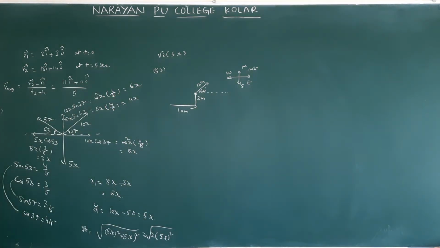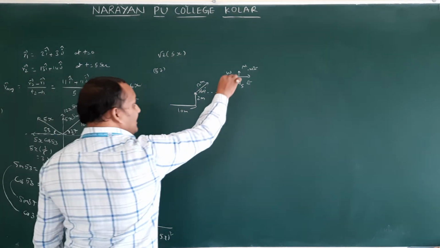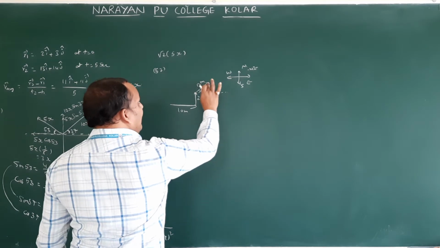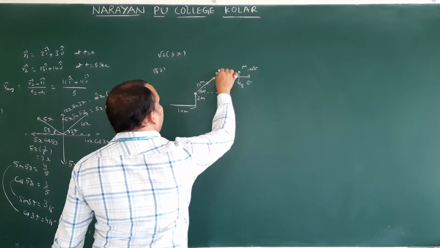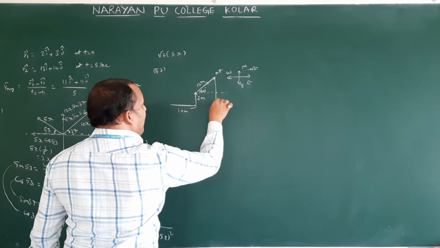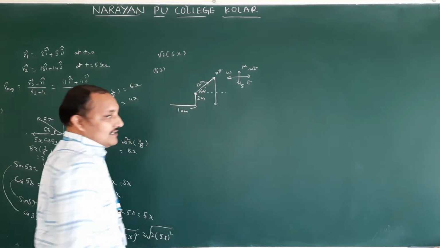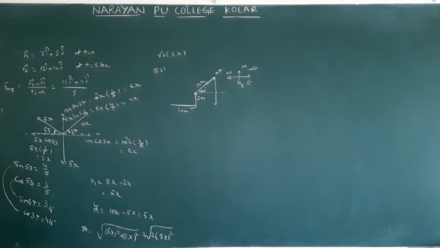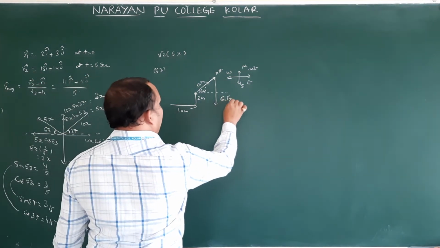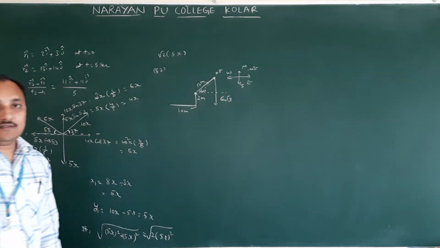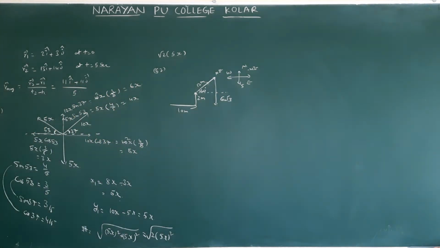And finally, 6 root 3 meters towards south. Towards south means like this, from here. This is south direction, and on it they give 6 root 3 meters.